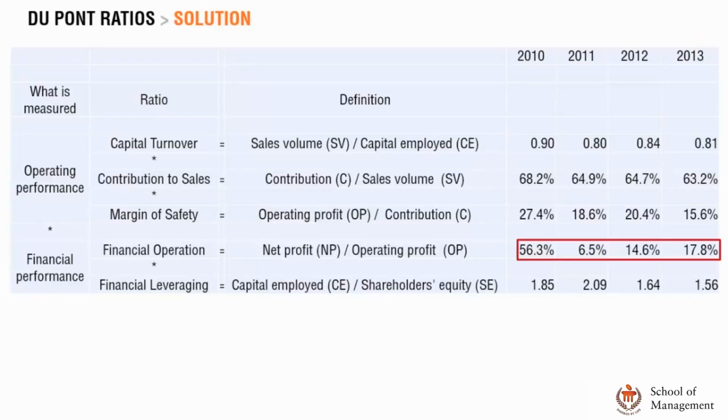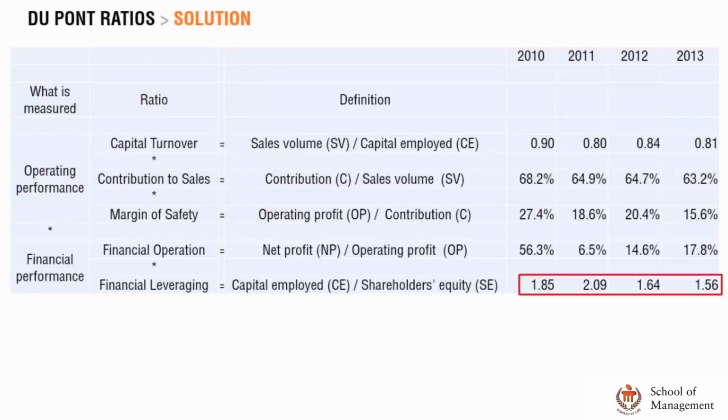We next come to the last of the DuPont ratios, which is the financial leveraging ratio. This expresses the total capital employed as a ratio of the shareholders' equity. From 1.85 in the year 2010, the ratio moved up to 2.09 in 2011, which showed that the company had increased its debt in comparison with its equity.